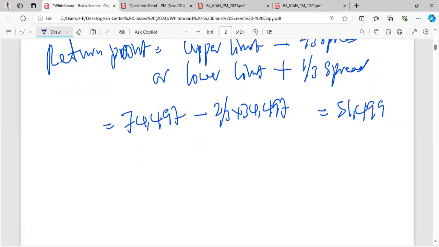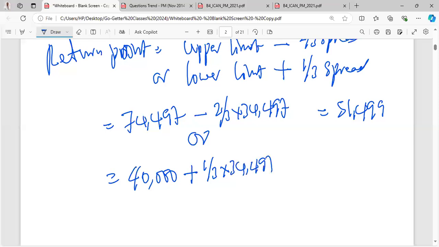Let's use lower limit. So we say or lower limit. I'll say 40,000 plus 1/3 times 34,497.